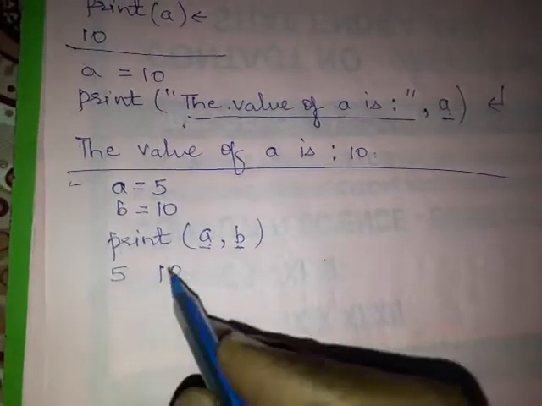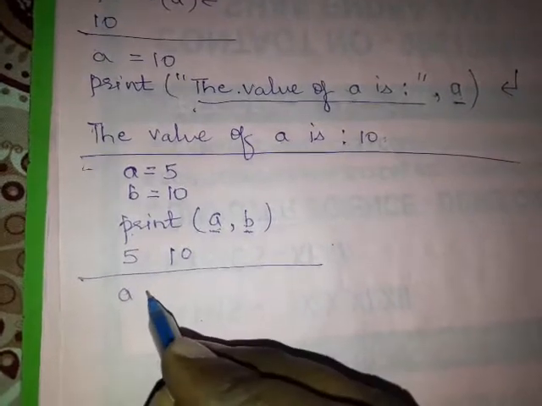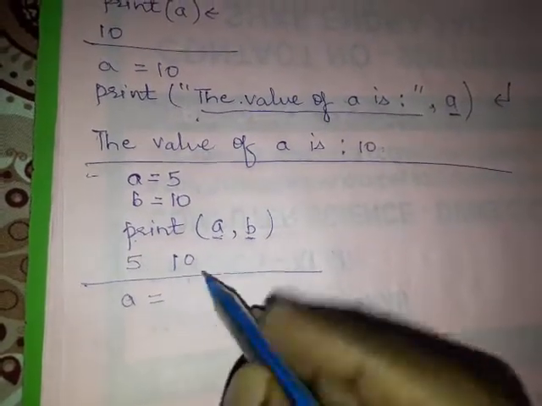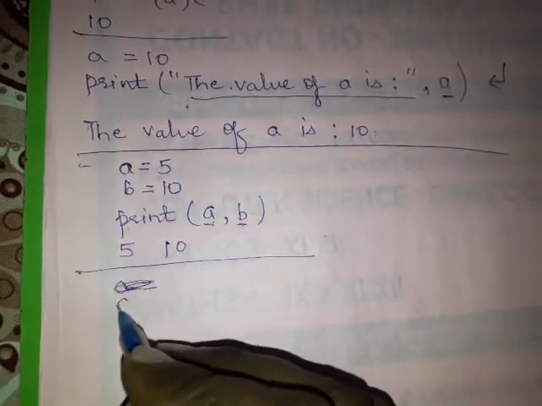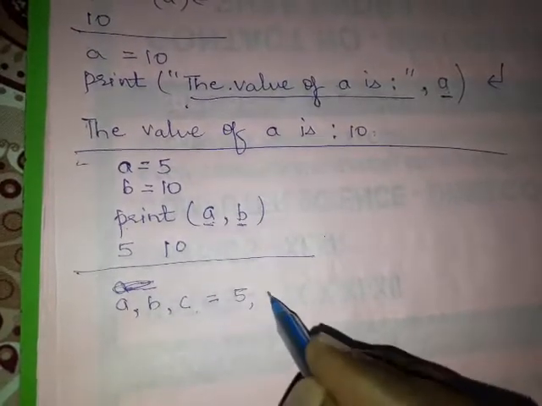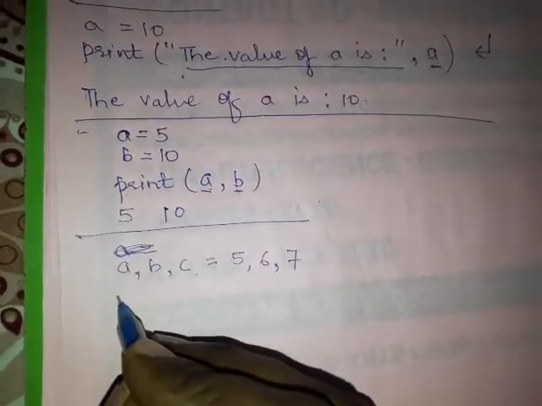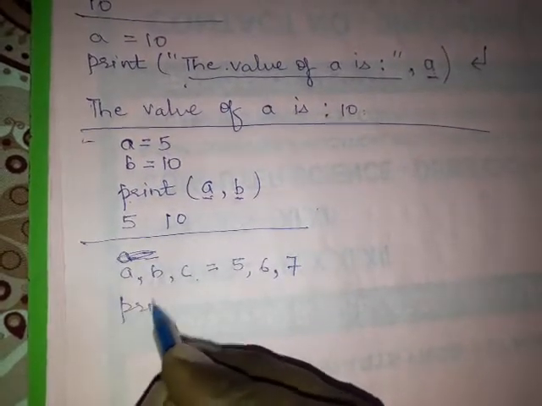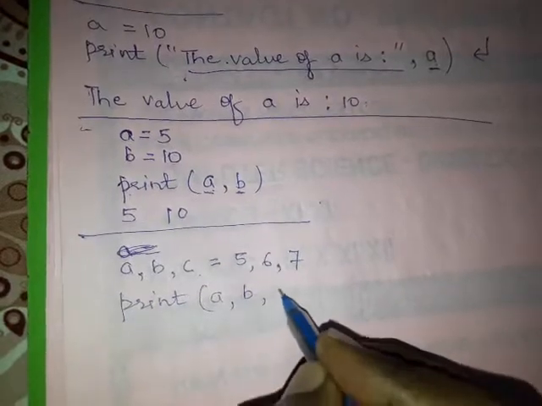Again, if I write another program, simply you can write a comma b comma c equals 5, 6, 7, and then I write print a comma b comma c.